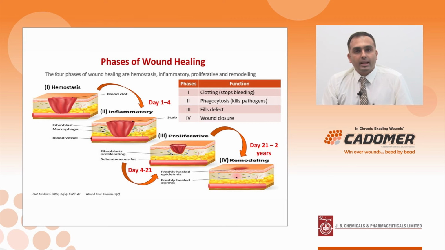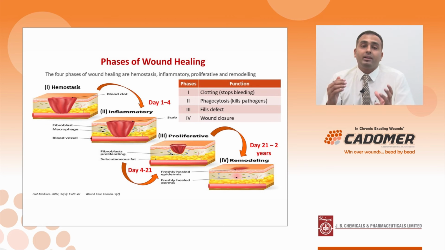Later on, there is a second phase called the inflammatory stage. This phase will prolong from day 1 till day 4. What happens when a wound has formed? There are chances that from the surrounding areas, disease causing organisms, bacteria, will try to invade our body through the wound.